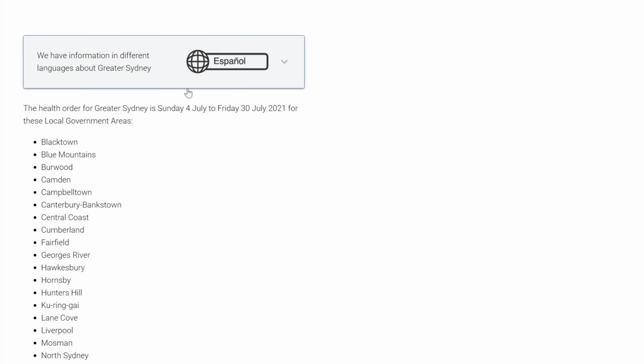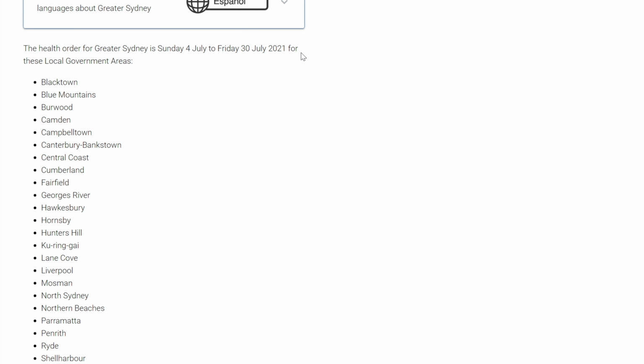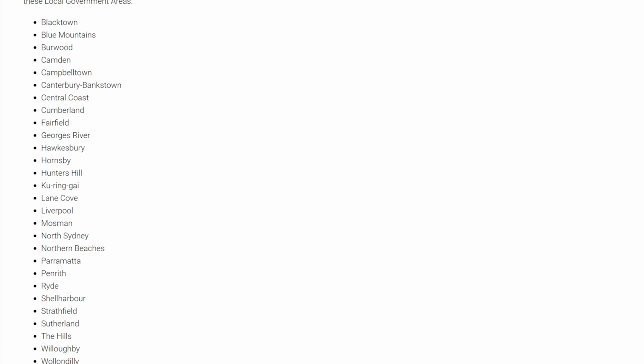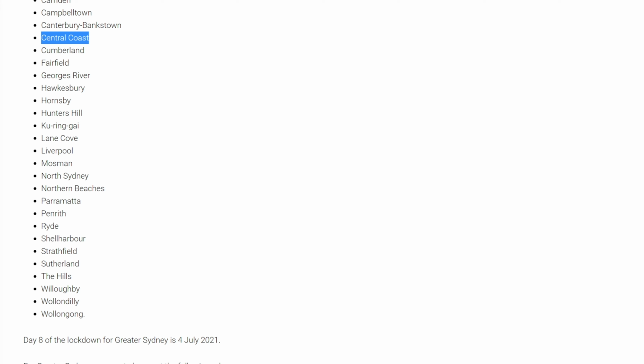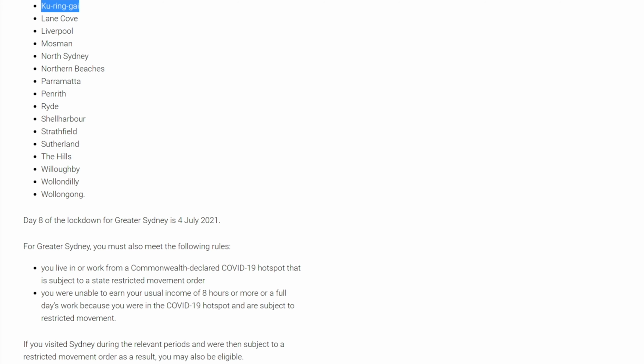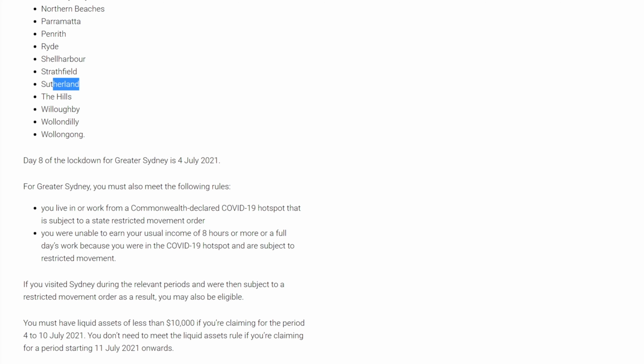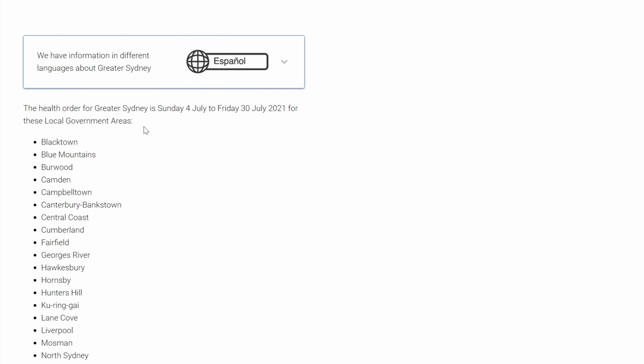The health order for Greater Sydney started from Sunday 4th July to Friday 30 July, and this includes the following LGAs: Blacktown, Blue Mountains, Burwood, Camden, Campbelltown, Canterbury-Bankstown, Central Coast, Cumberland, Fairfield, Georges River, Hawkesbury, Hornsby, Hunters Hill, Ku-ring-gai, Lane Cove, Liverpool, Mosman, North Sydney, Northern Beaches, Parramatta, Penrith, Ryde, Shellharbour, Strathfield, Sutherland, The Hills, Willoughby, Wollondilly, and Wollongong. All of these regions are part of Greater Sydney.